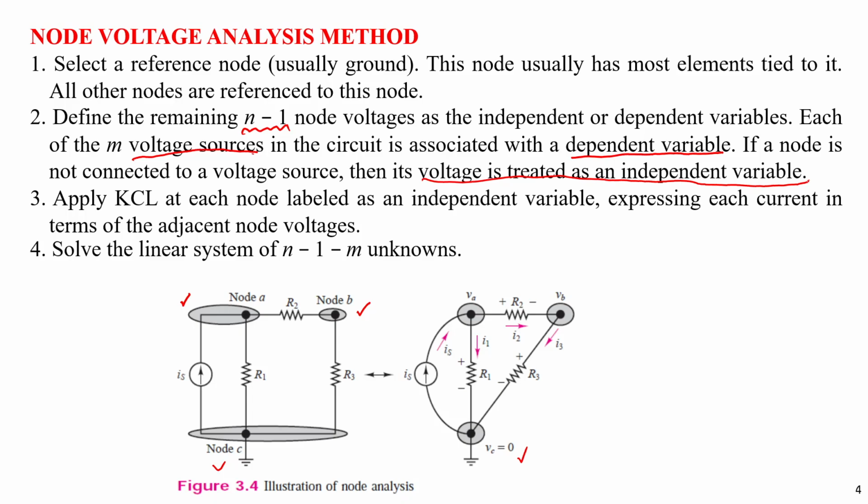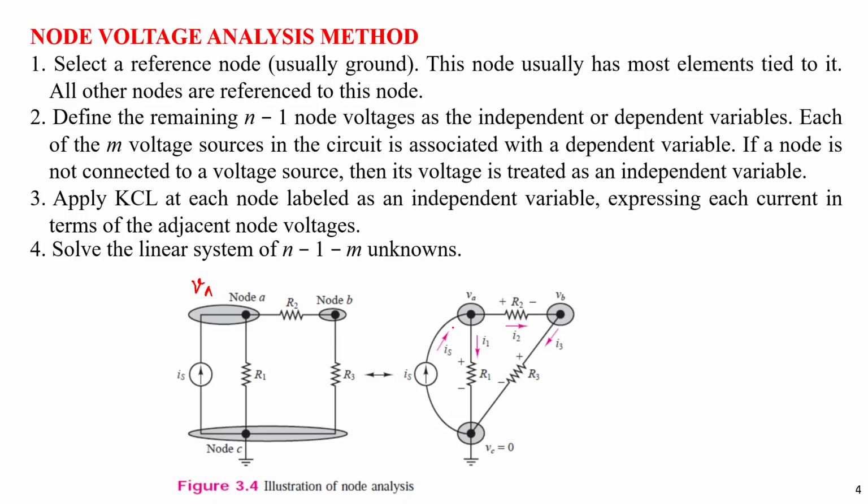If the voltage source is here, for example, 5 volt, it means we know that this is 5 volt, right? It's a dependent variable. If there is no voltage source, this is VA, it's unknown.